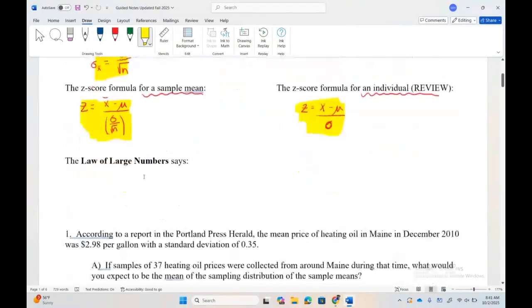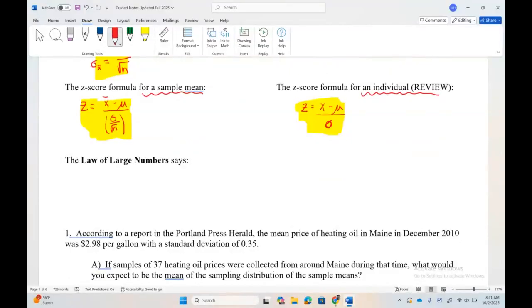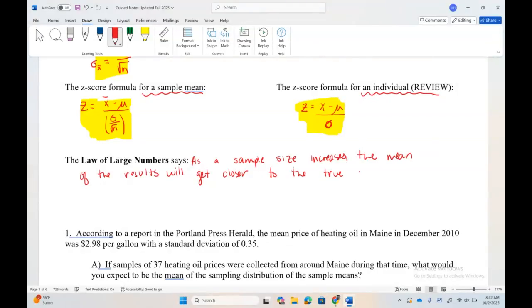The law of large numbers says that as a sample size increases, the mean of the results will get closer to the true expected average or probability.